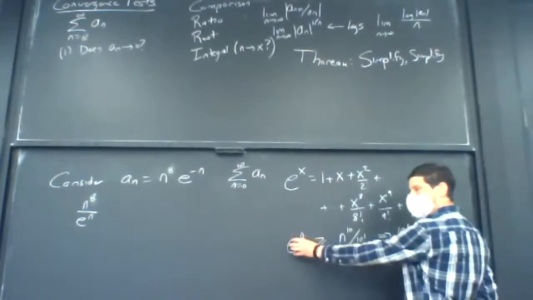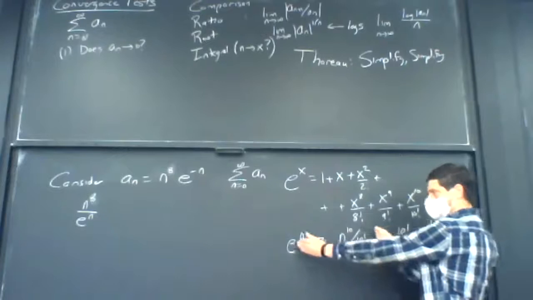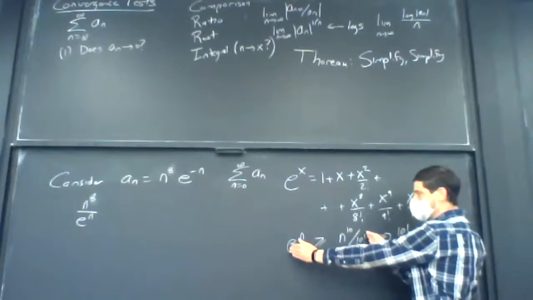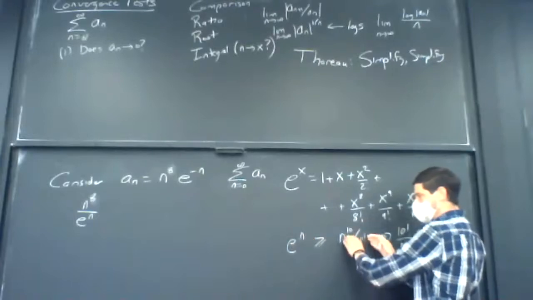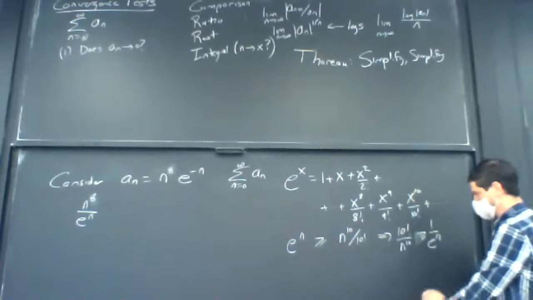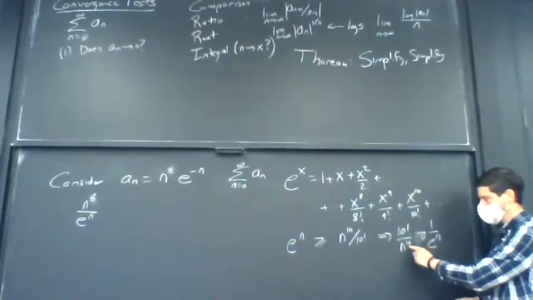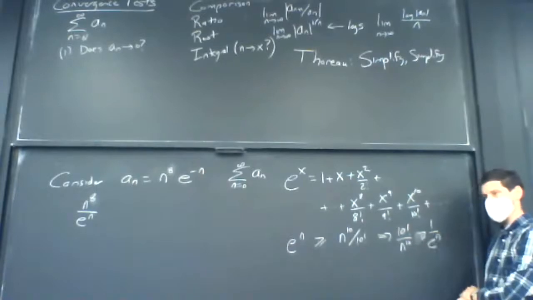So e to the n is going to be greater than or equal to n to the 10 over 10 factorial. So do you agree with this part over here? Now I'm just flipping things. I want e to the n in the denominator and n to the 10 in the denominator. So I cross multiply. And so I get 10 factorial over n to the 10, moving this over, is greater than or equal to 1 over e to the n.